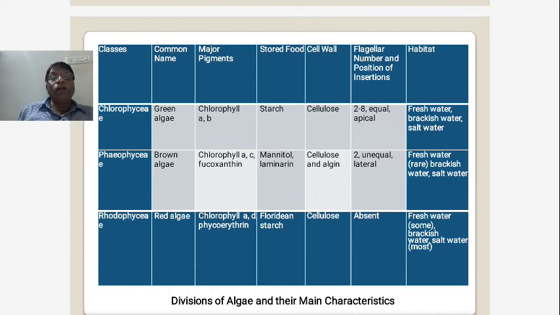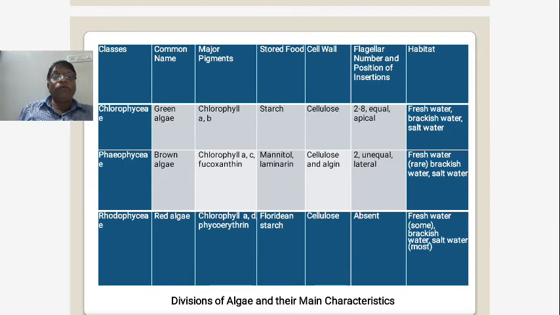That is the green pigment. But the presence of phycoerythrin is more, hence they appear red color. Example, Gracilaria, Gelidium, etc. What about the reserve food materials in this class? It occurs in the form of Floridean starch.